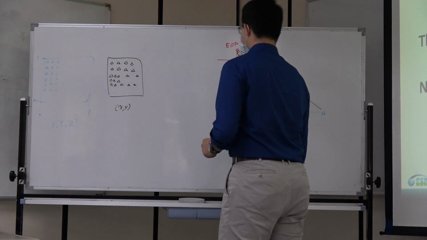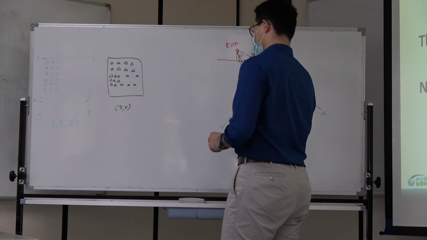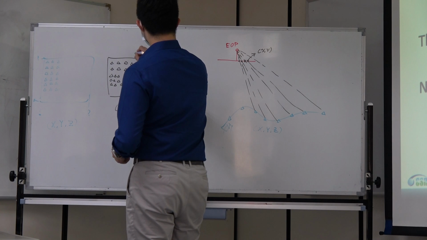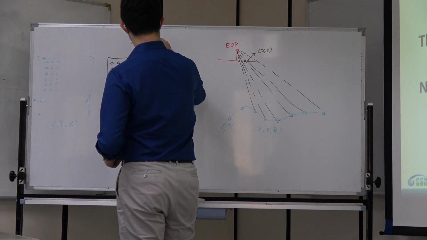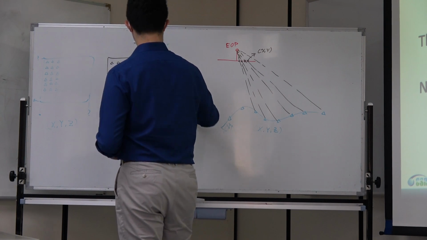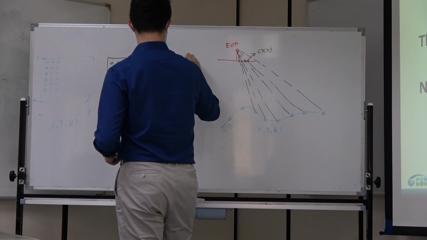Let me write it over here. So random error. Then in this case, you have a new set of image coordinates.